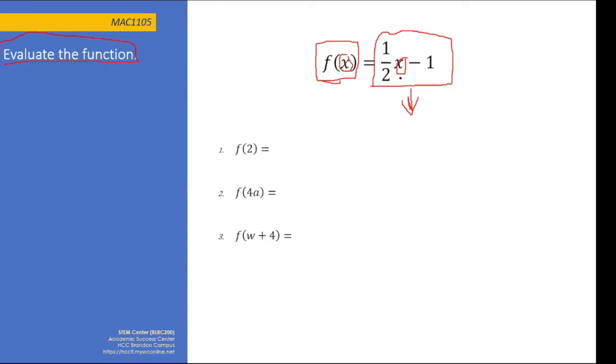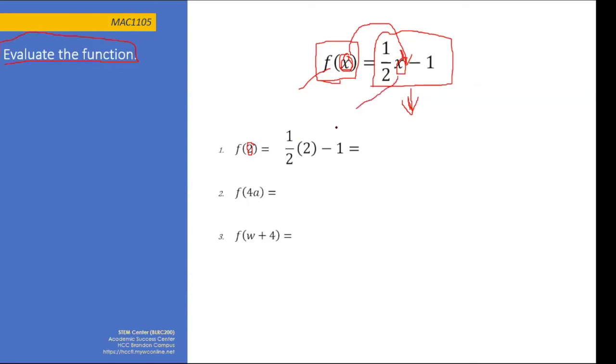So in this case, 1/2 of x and then -1. So this guy right here is not f times x, as we saw before with parentheses. It's f of x, and it means that we've got a rule where whatever is in this parentheses, we put it in the place of the x over here. So, for example, in part 1 here, we've got a 2 in the parentheses. That just means that we put a 2 where the x is.